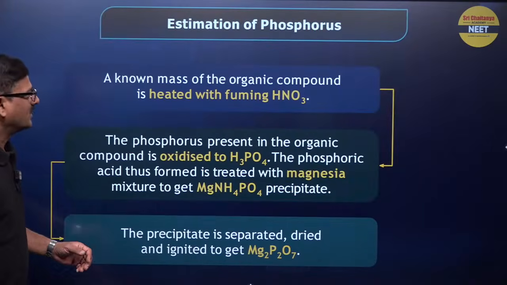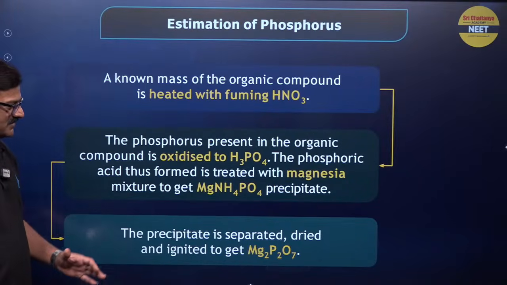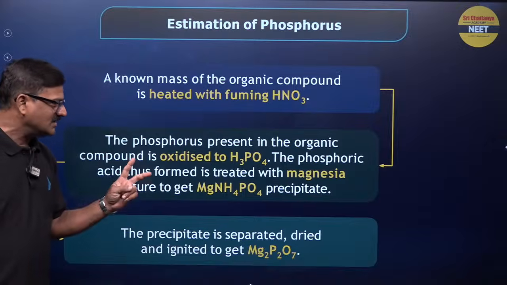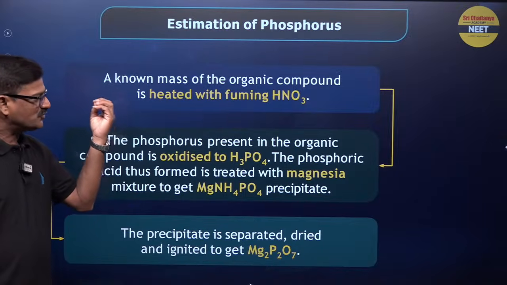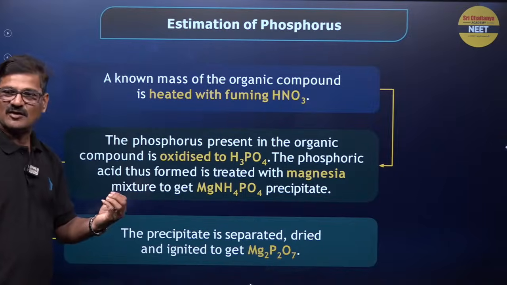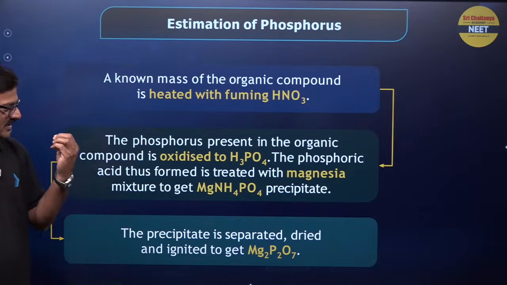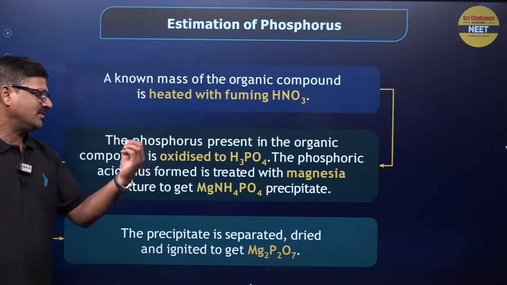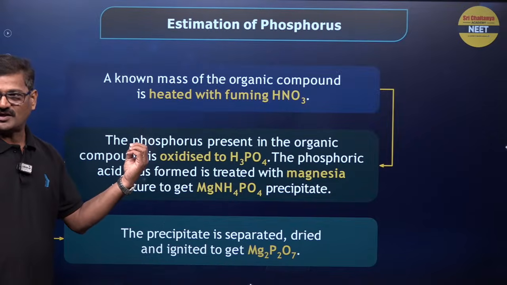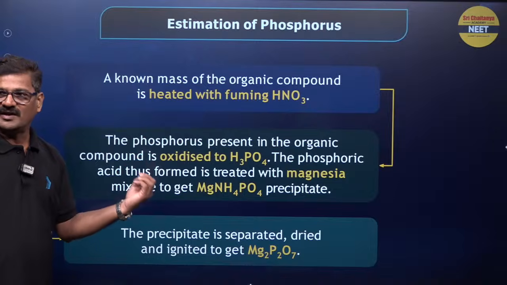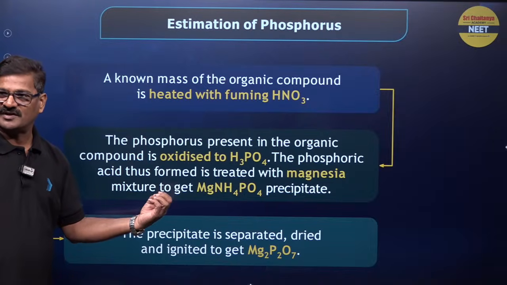We can also do estimation of phosphorus by using this method. The phosphorus present in the organic compound is treated with magnesia mixture. This converts the phosphoric acid to magnesium ammonium phosphate precipitate.